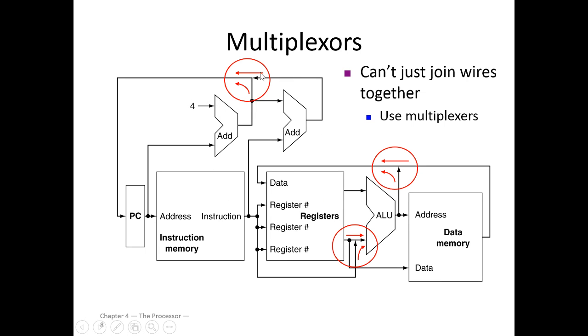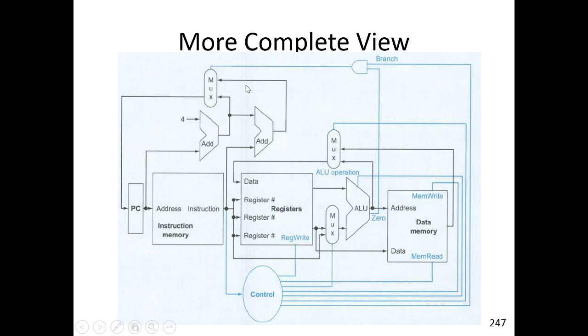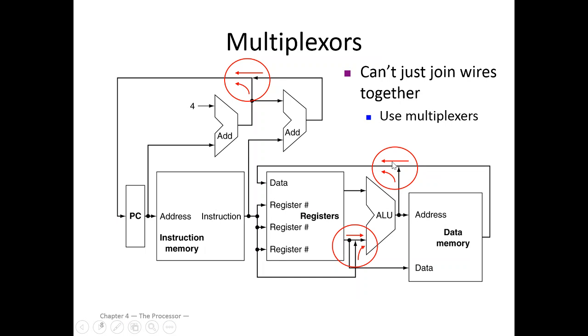First of all, you can join wires together, but you're not going to get the intended result. So we need to add path control, is what this is saying. We add multiplexers, or muxes, which was that symbol on the last page. A mux takes multiple signals in and a single signal comes out. When we replace these wires with control, it gets a little more complicated.